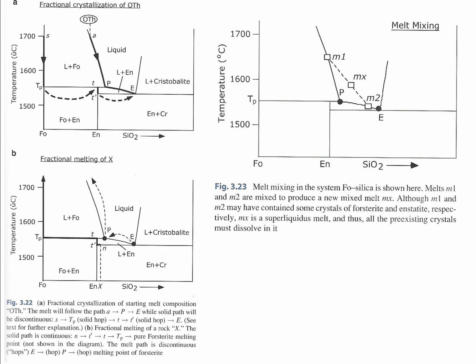We are going from N to T', and then that is here T'. Then we are going from T' to T, and then to TP, and then we have a pure forsterite melting at point TP.